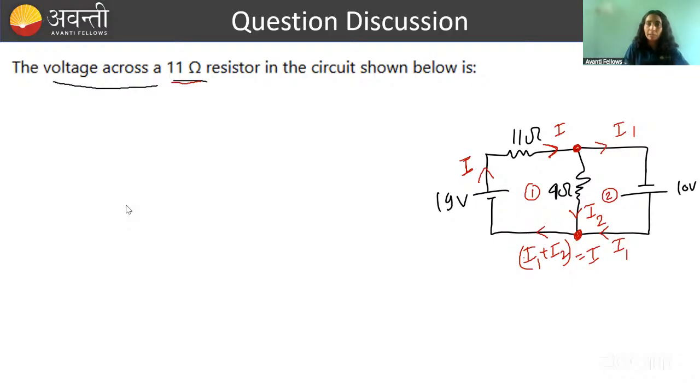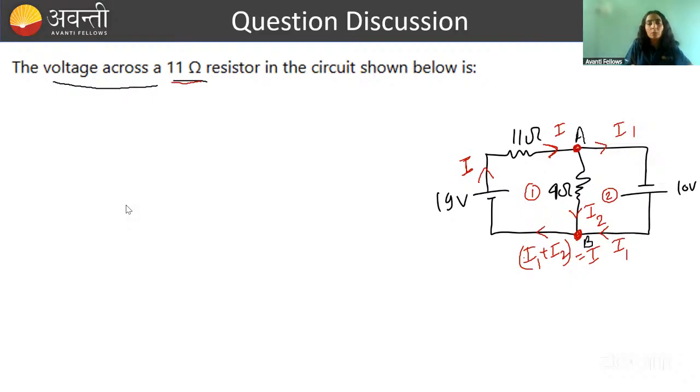Take current I coming out of it, and then according to Kirchhoff's current law, keep on dividing the current. So I divided the current at point A into I1 and I2. And again these currents I1 and I2 come at point B and get added to give I1 plus I2 equal to I.